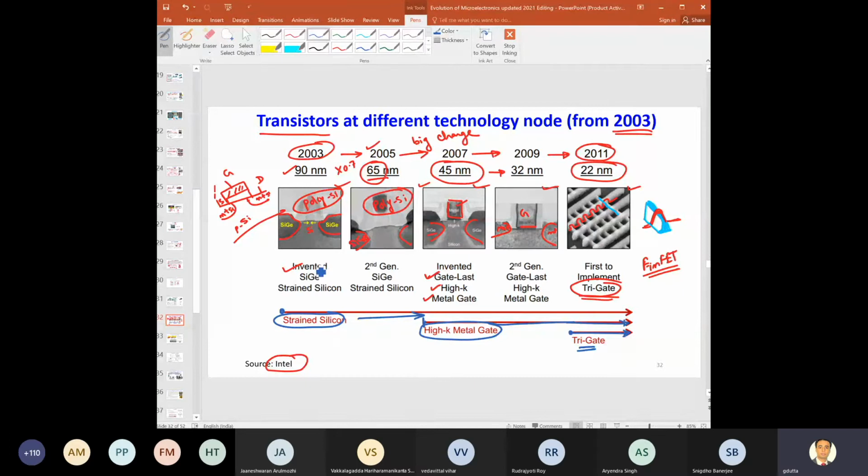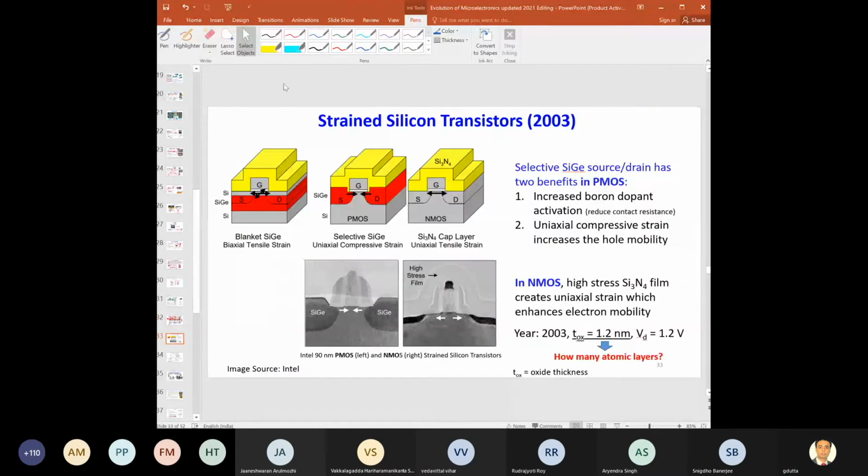Why this strain silicon? Okay, so see here. Suppose this is silicon, and below it you have a complete silicon germanium layer, then it is called blanket silicon germanium. What you get is a biaxial tensile strain, right?